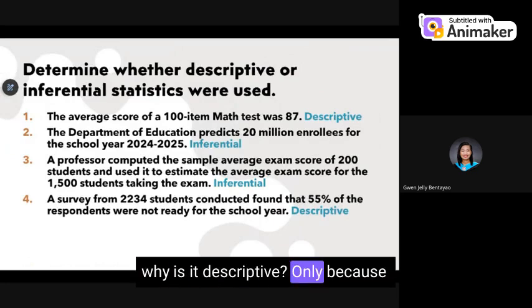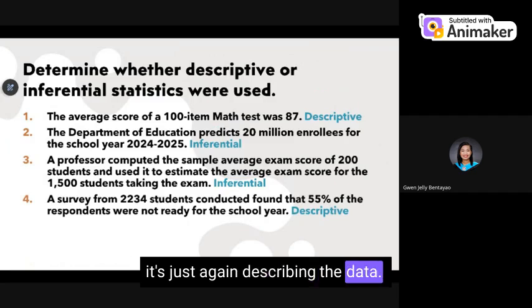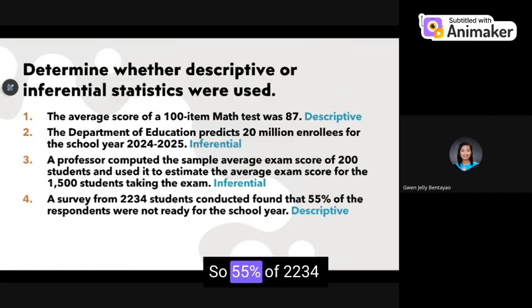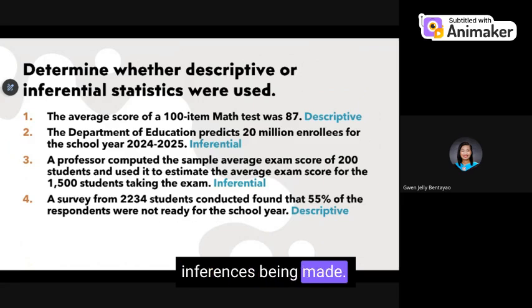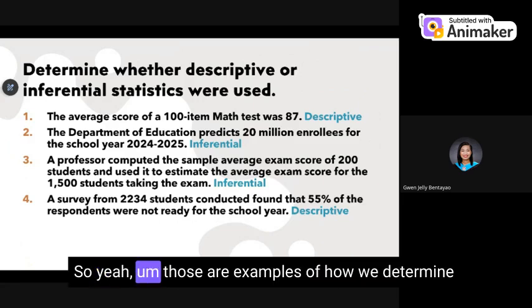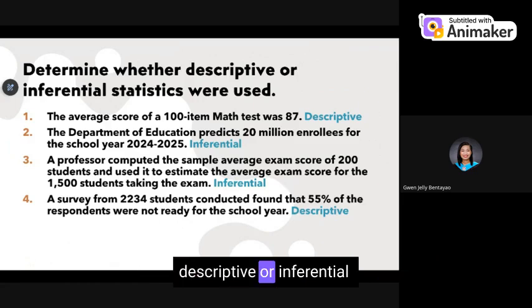Why is it descriptive only? Because it's, again, just describing the data. So 55% of 2,234 students were not ready for the school year. There are no inferences being made. So again, those are examples of how we determine descriptive or inferential situations in statistics.